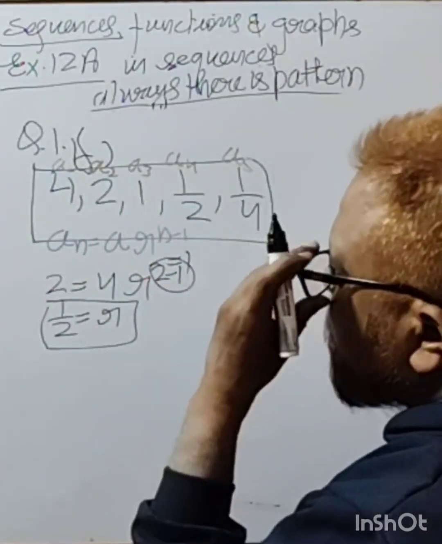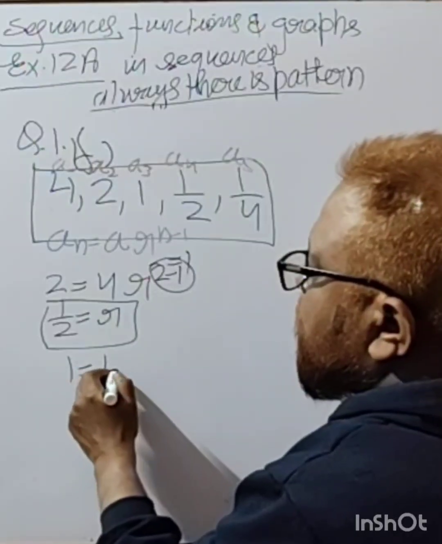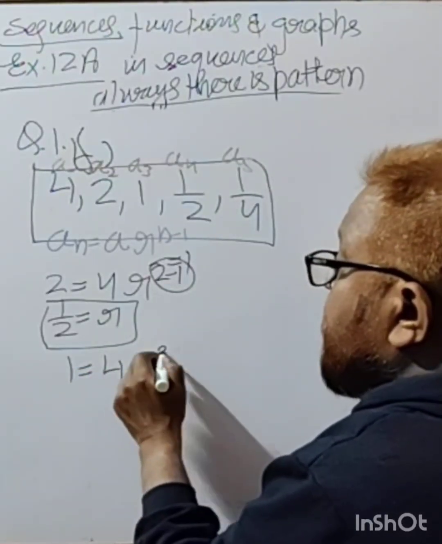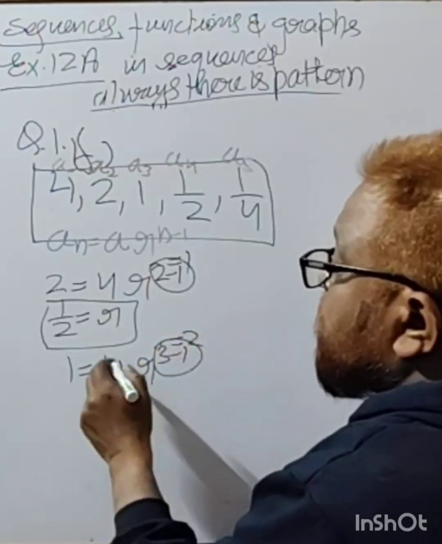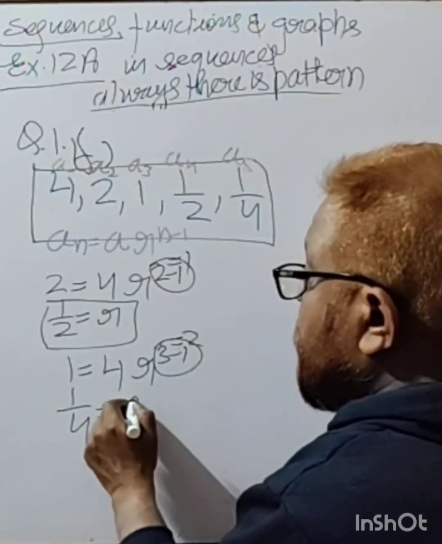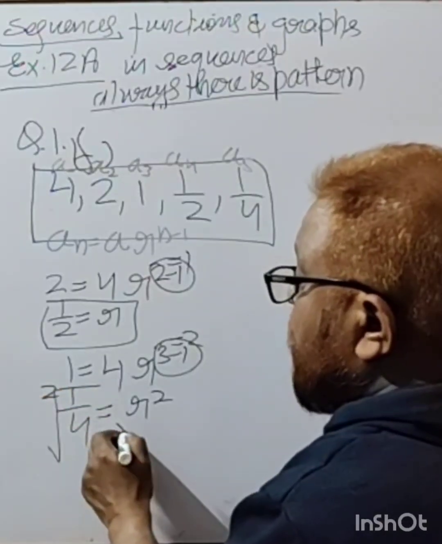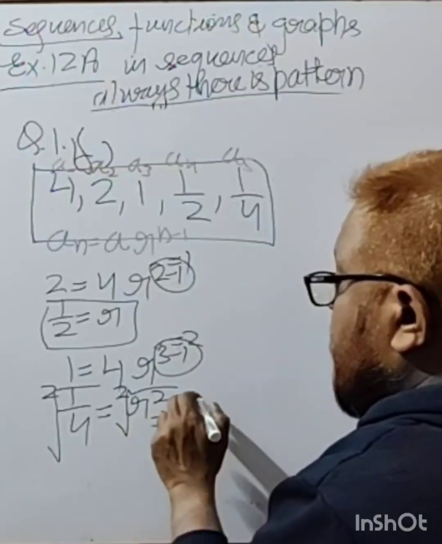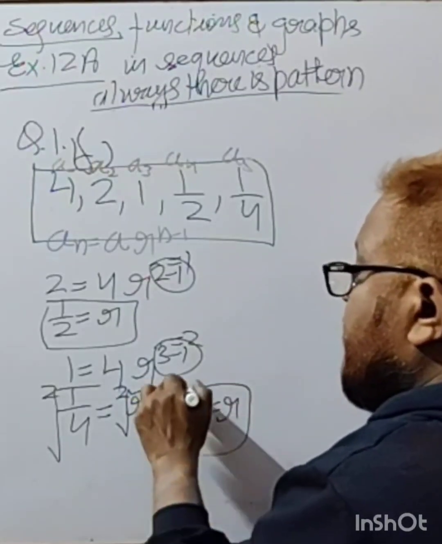If we take the next one, that is 1 is equal to 4 r raised to the power 3 minus 1, it becomes 2. So we can write 1 upon 4 is equal to r raised to the power 2. So taking square root on both sides, we get 1 by 2 is equal to r, right?